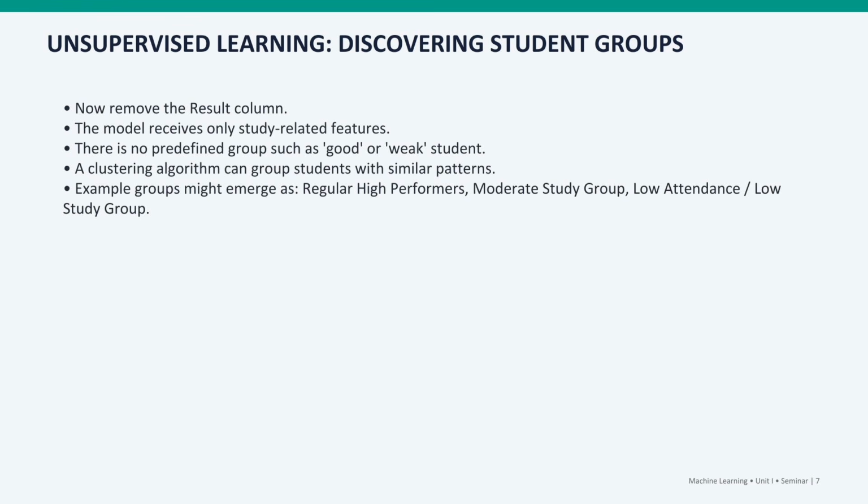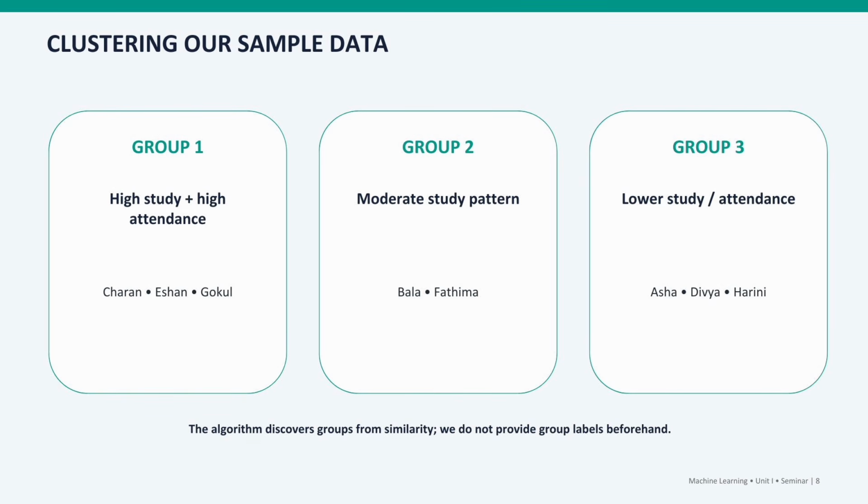Clustering our data set. Here we can see a sample of how our students could be grouped based on similarities. The first group represents students with high study hours and high attendance. The second group represents students with a moderate study pattern, and the third group represents students with relatively low study hours and attendance.